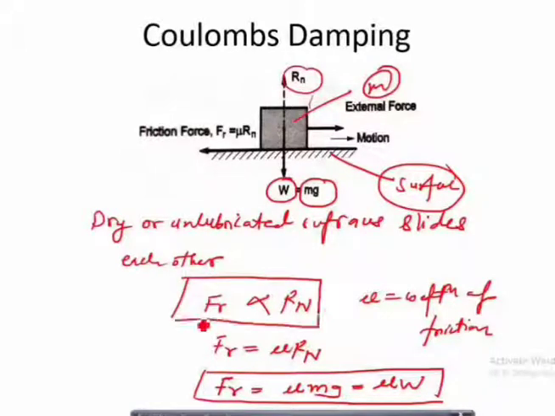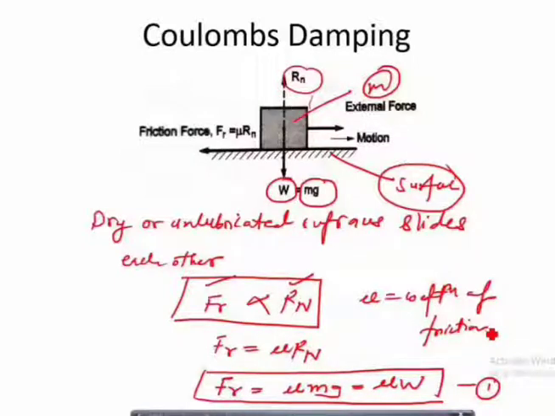Coulomb's law of dry friction states that when two surfaces are in contact with each other, the force required to produce sliding between them is proportional to the normal reaction between the two surfaces. That is, Fr is directly proportional to Rn, and Fr is equal to mu mg or mu W. Let us call this equation number 1. So this is called Coulomb's damping. I hope you have understood the basic principle of Coulomb's damping.